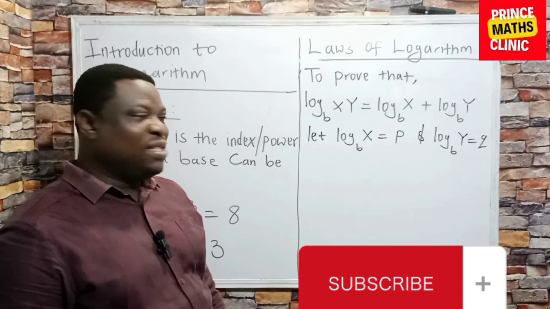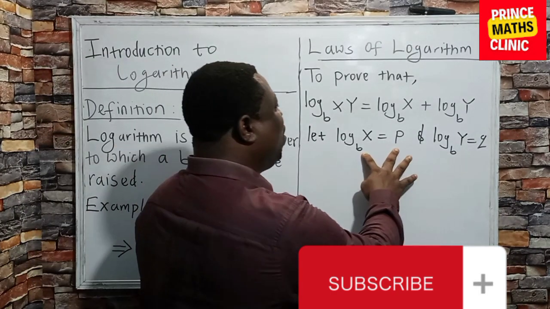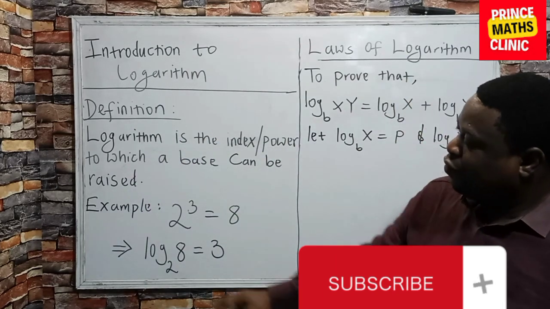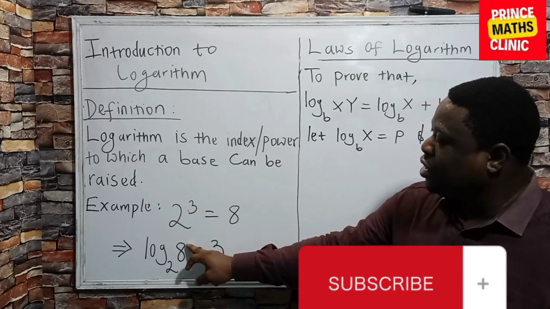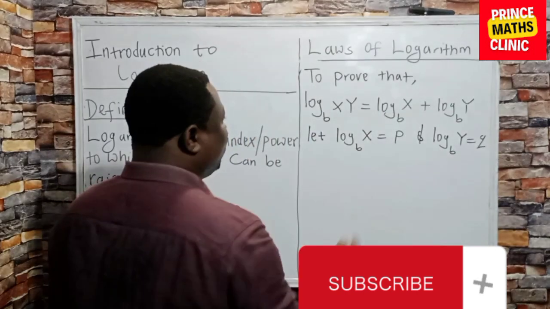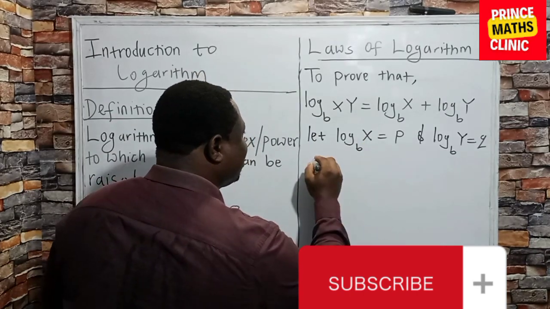Is that interesting? Good. So I want to convert this from log to the index form. Remember, from log to the index form, you just say this base carrying this equals this.